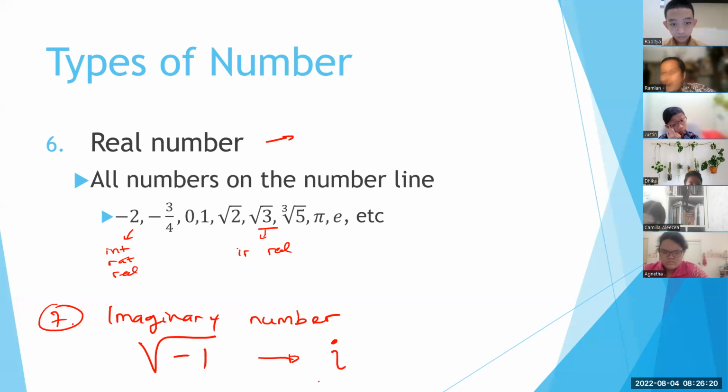So why do we have this imaginary number? You're going to learn this in college, I think you won't learn it in senior high school. We have numbers that can be calculated, but you can't just put them into real things.